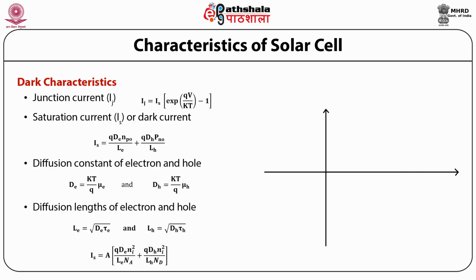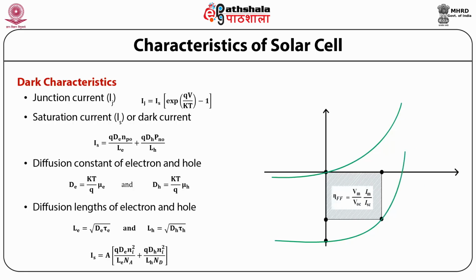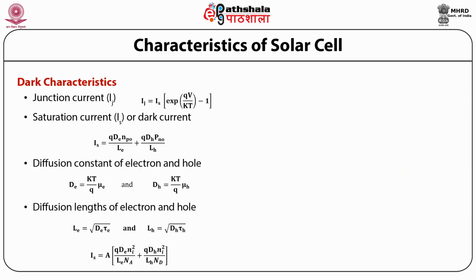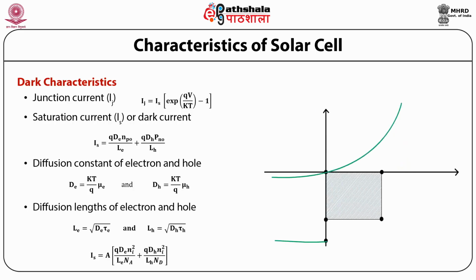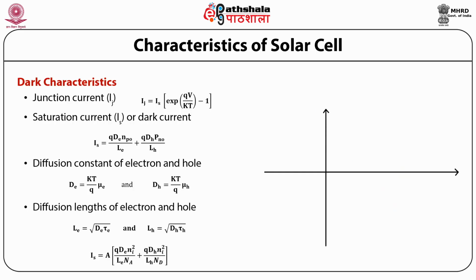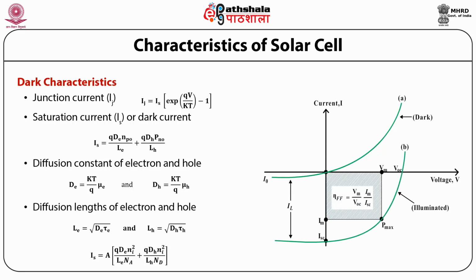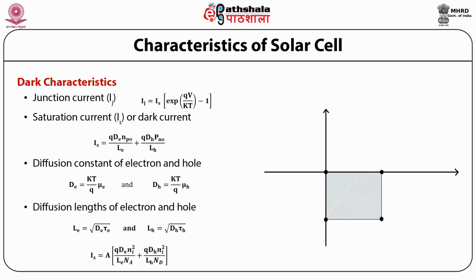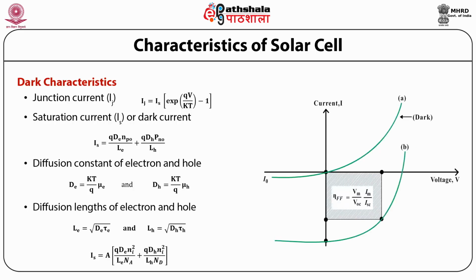After substituting the values of Le, Np0 and De, Dh, Pn0 and Lh in the expression for Is, we can write Is is equal to A multiplied by q De Ni square by Le Na plus q Dh Ni square by Lh Nd, where A is the cross-sectional area of the diode.